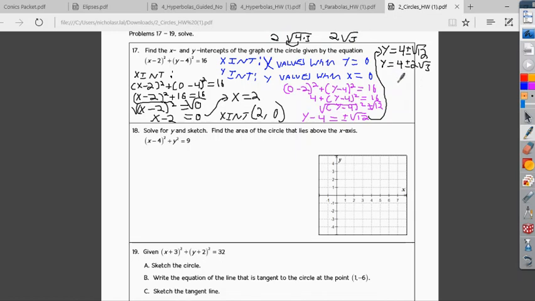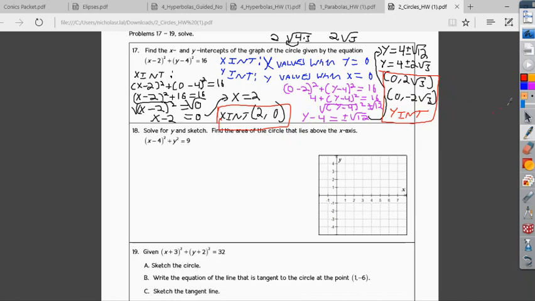So our y-intercepts are our y values when x equals 0. So we have 0, 2 root 3, and 0, negative 2 root 3. Our x-intercept is 2, 0, and our y-intercepts are 0, 2 root 3, and 0, negative 2 root 3.